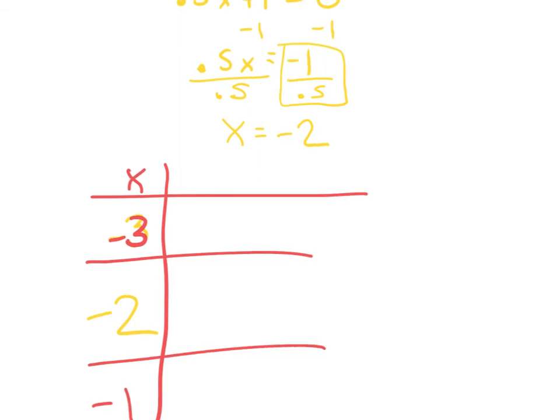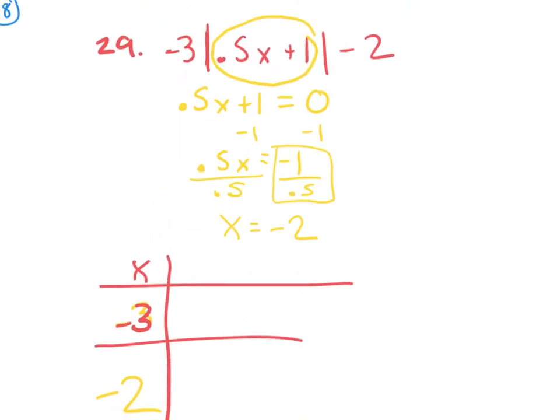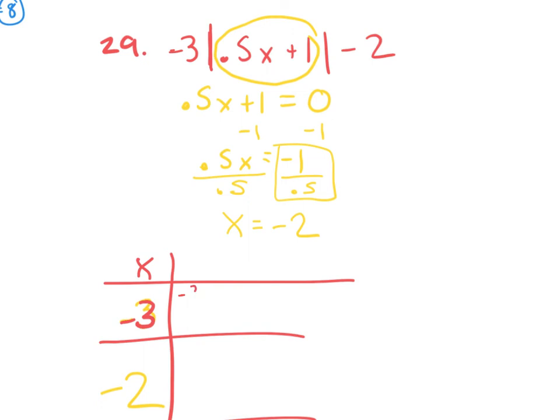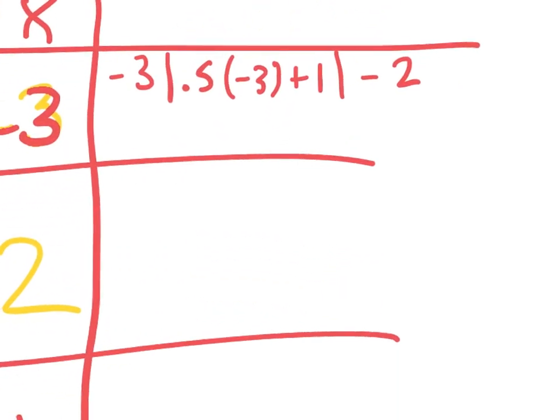Alright, so now we plug in -3. So we have -3 times the absolute value of 0.5 times -3 plus 1 minus 2. What do we do first here to solve?